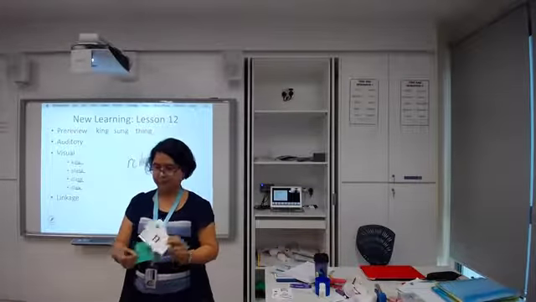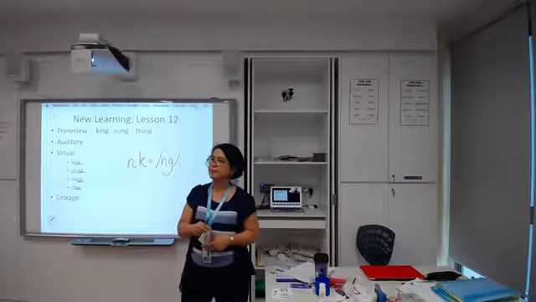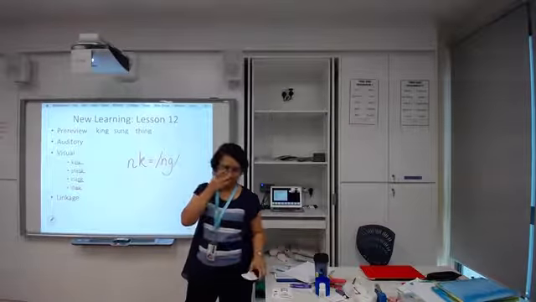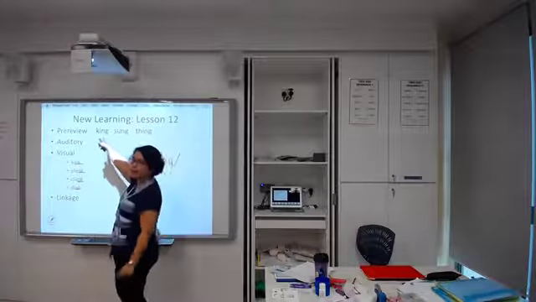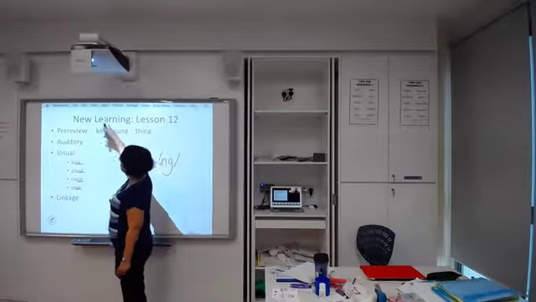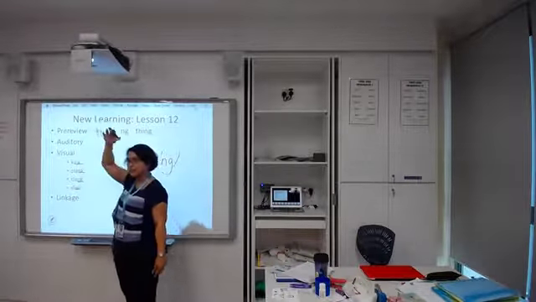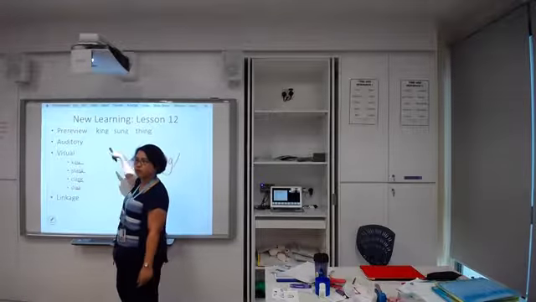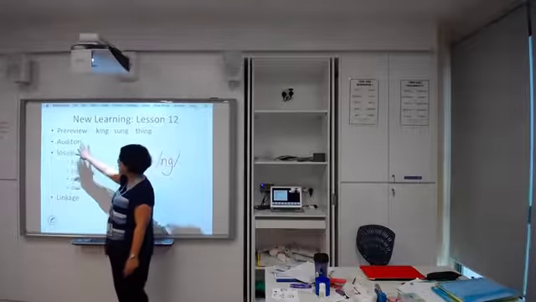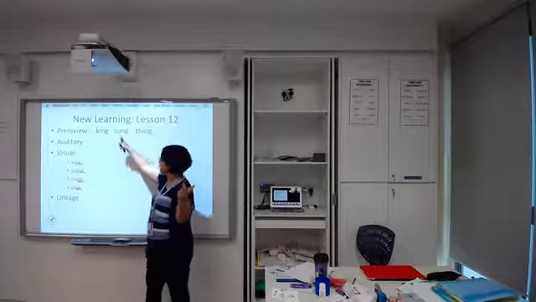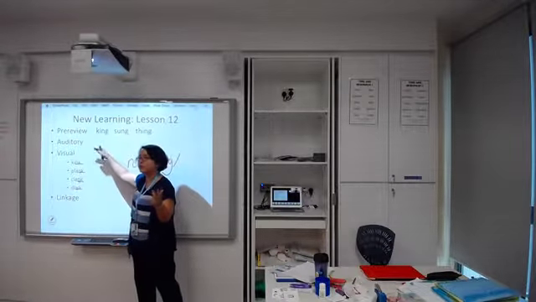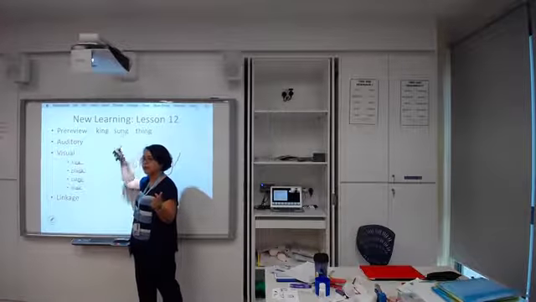Okay? Would you do a pre-review with the king also? Yes. King? Yeah. You mean this one? Yeah. So this is the first new learning. If you do it on the same day, then it's very easy to just refer. But if you do the second new learning for NK on another day, you'll have to give these words and ask them again what sound that makes.